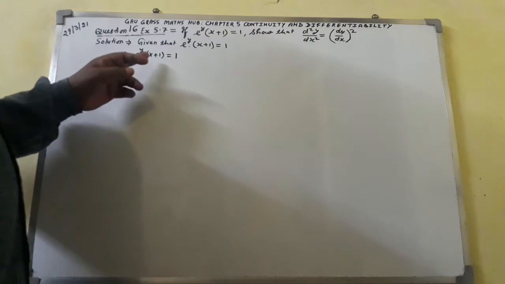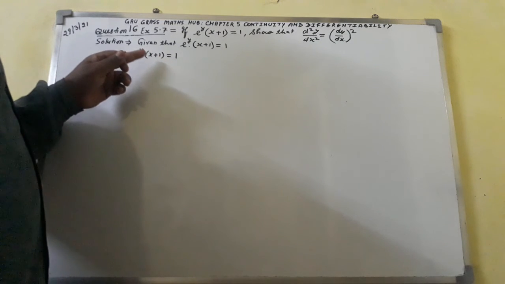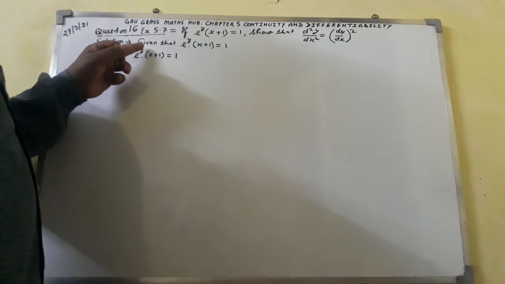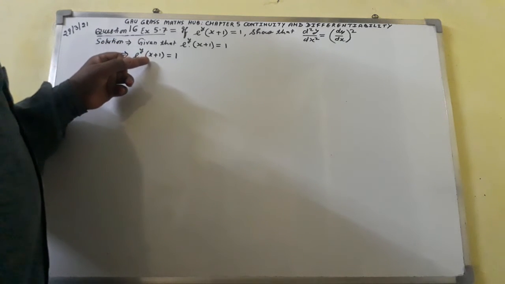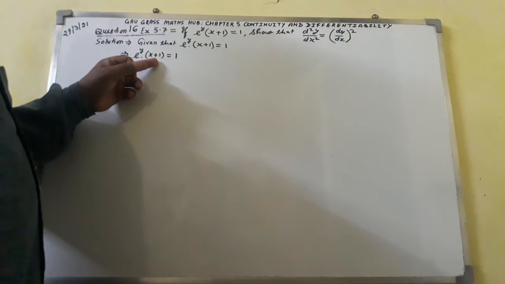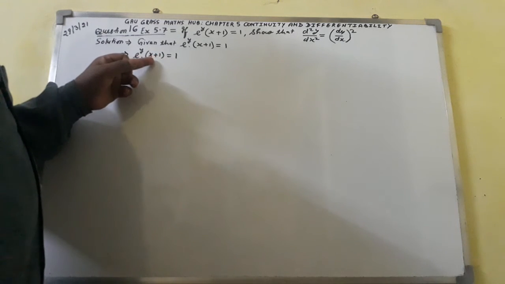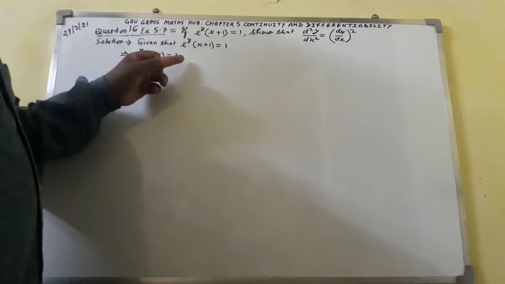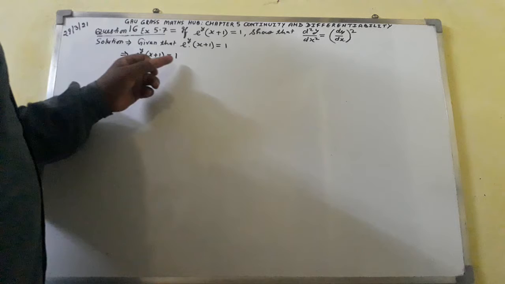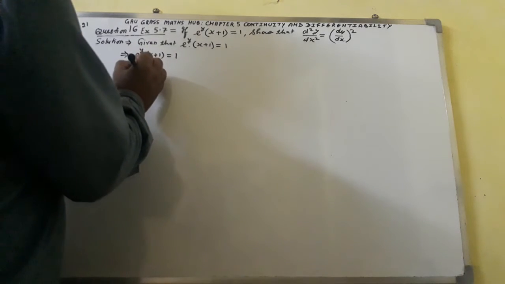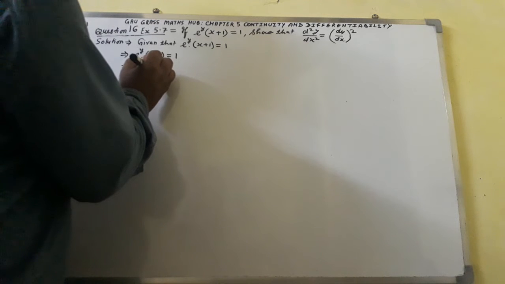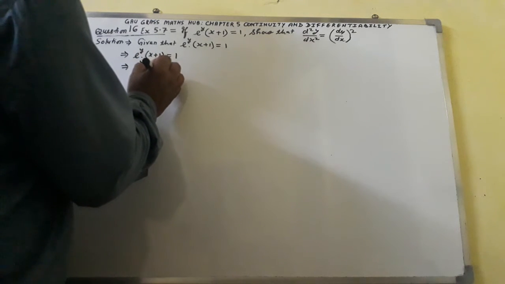Here x plus 1 is there on the left hand side, multiplied with e raised to the power y. This x plus 1 will be moved to the right hand side, so x plus 1 will get divided. So here I shall write e raised to the power y equals 1 over x plus 1.